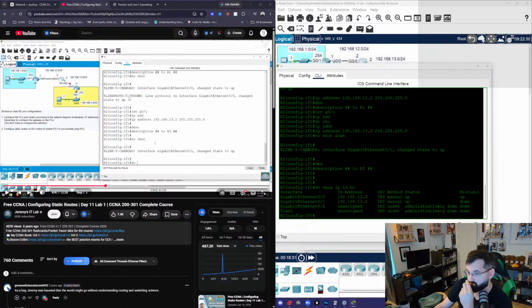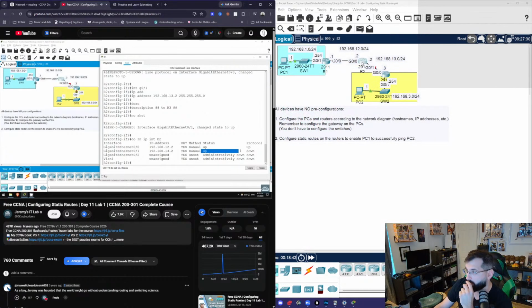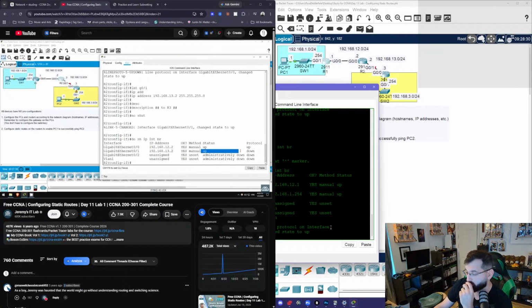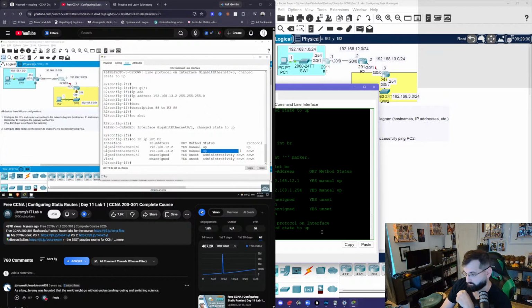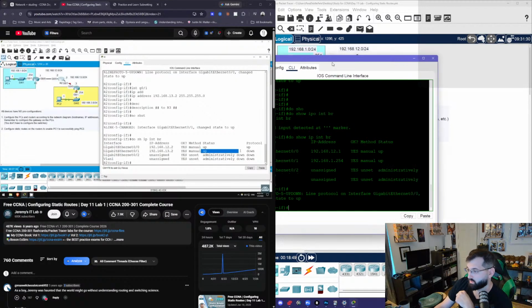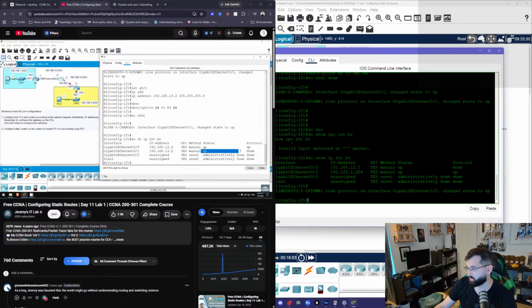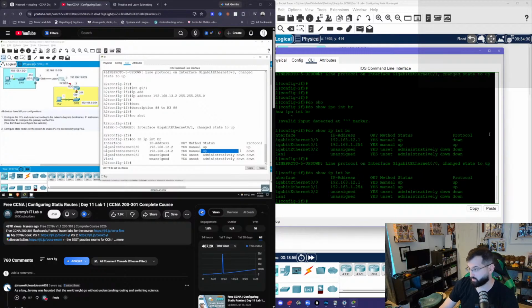Like we saw on R1 before, this interface is up, down because the other side is not yet configured. If I went back to R1 and did another show, up, up. We're good. We're golden.